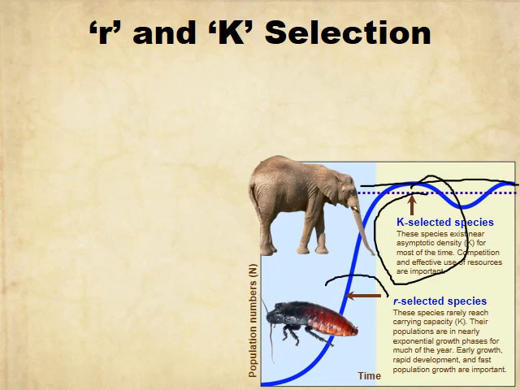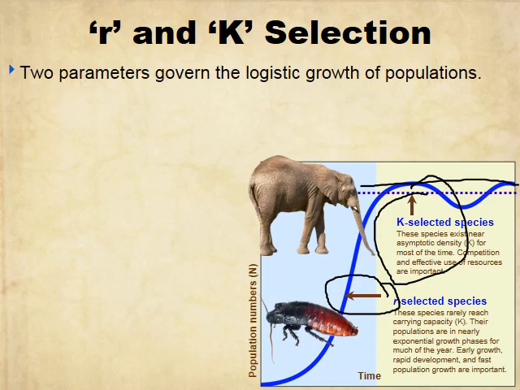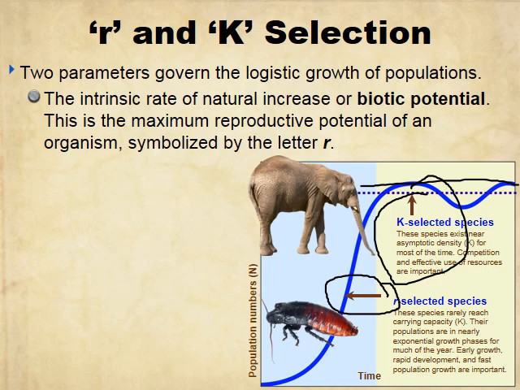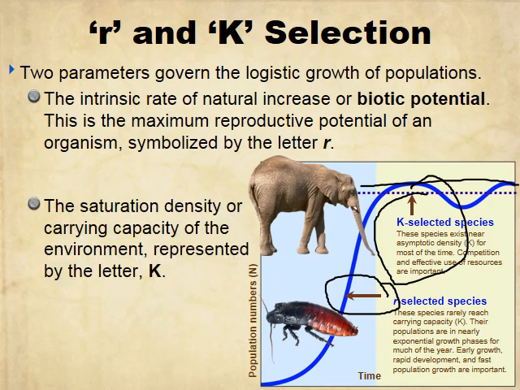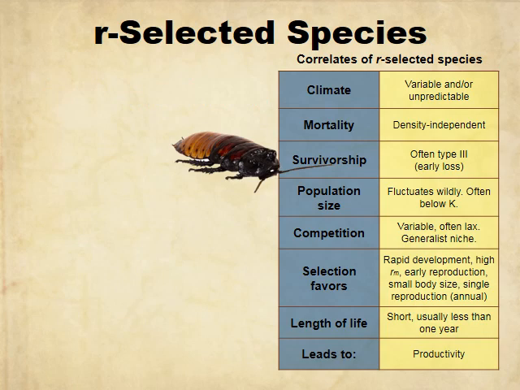And your R selected species over here, their populations can grow exponentially almost all the time. So your biotic potential is the maximum reproductive potential, and that is symbolized by the letter R. And the density or carrying capacity is your K, so that's how you get your R and K selected species.